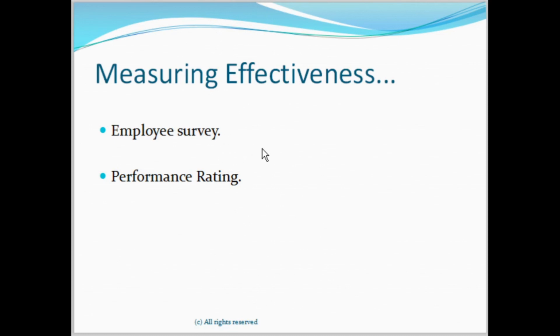The second one is the performance rating. In this we see how the performance of the individual is, whether it is increasing, constant or decreasing. So these are the two major means of measuring the effectiveness of the two programs.